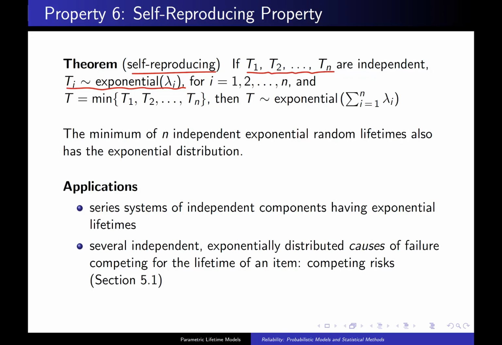And the third assumption is there's a new random variable T, which is the minimum of T1 through Tn. So the conclusion here is the random variable T, which is the minimum, is exponentially distributed, and its rate parameter is the sum of the individual failure rates for T1 through Tn.